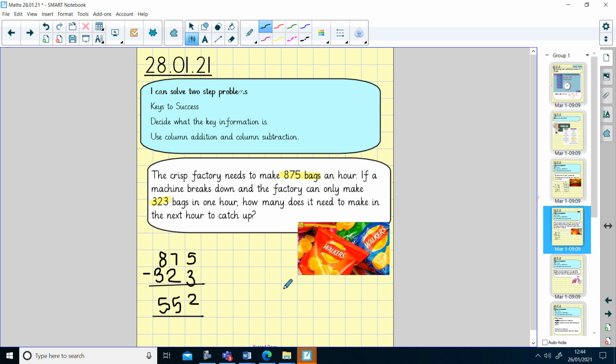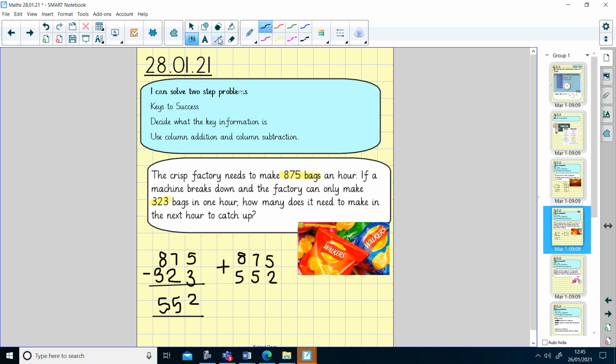So what I've got to do now is think about the next hour. The machine is fixed and it's going to make 875 bags, but it's going to work to catch up as well. So it's also got to make this additional 552 bags of crisps.